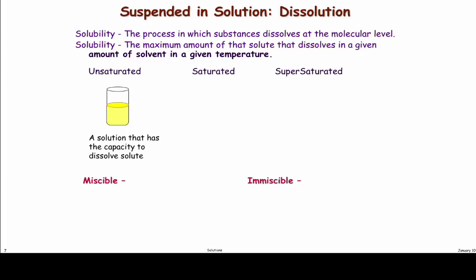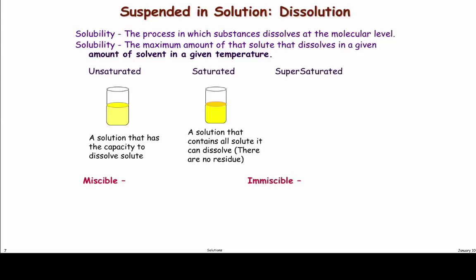For example, if you take a pinch of salt and put it in a glass of water, you'll see that that pinch of salt disappears. You can add more salt, in which case that solution is called an unsaturated solution, because the mixture can actually hold more of the solute. More of the solute can dissolve.